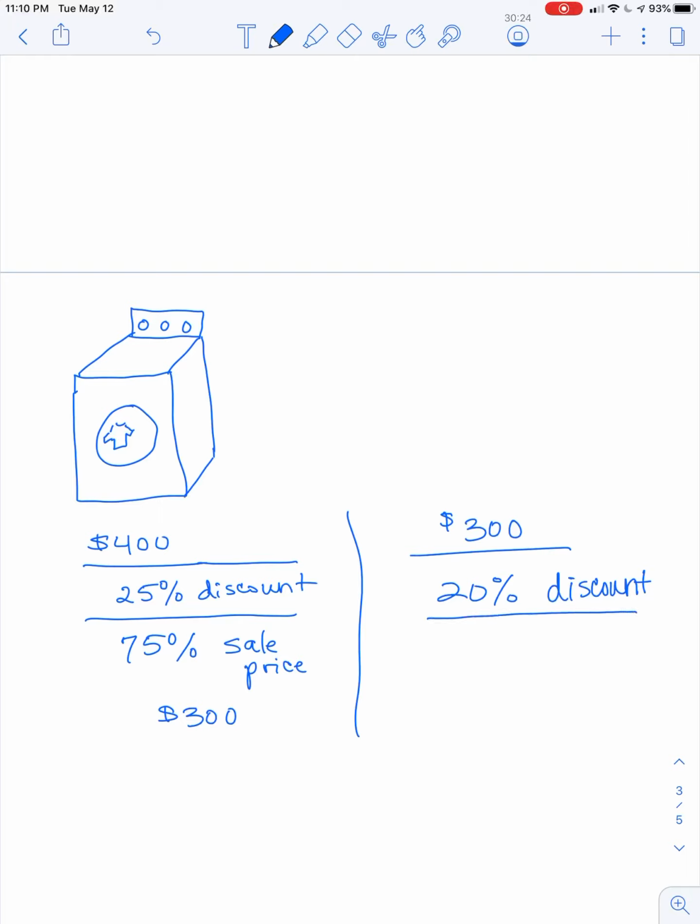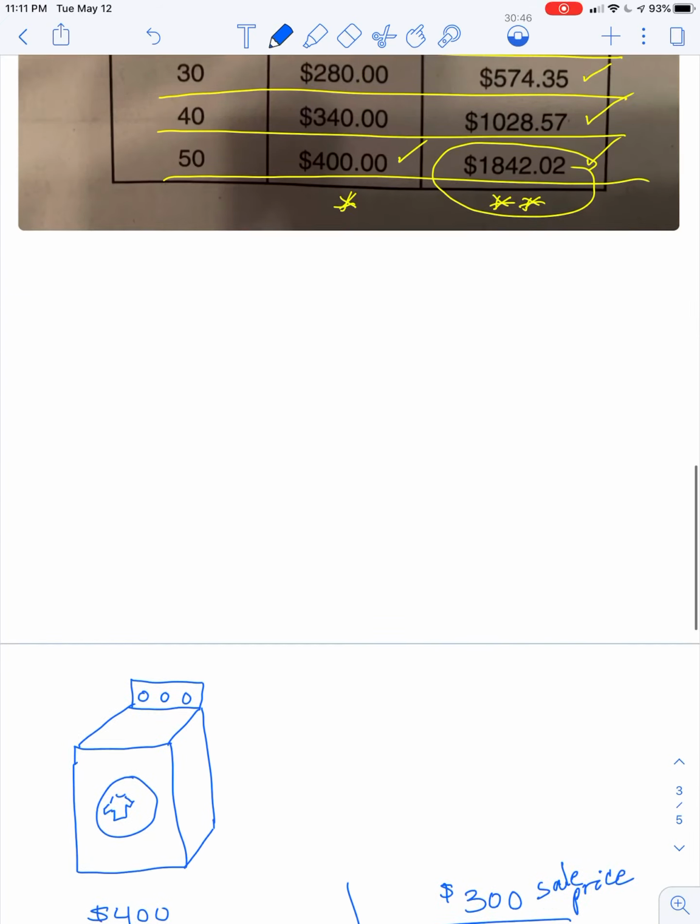And when he does that, now we're going to pay 80% of the discounted, the sale price. Remember, this was the sale price. So now we're going to pay 80% of the sale price, and this is going to be our clearance price. So now we have to figure out what that is.